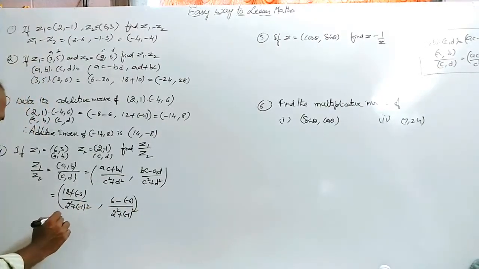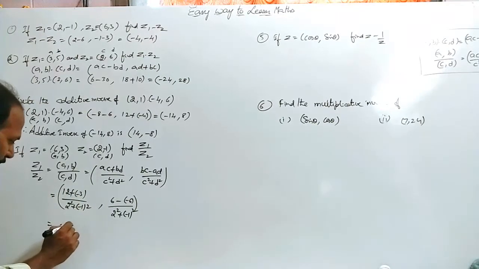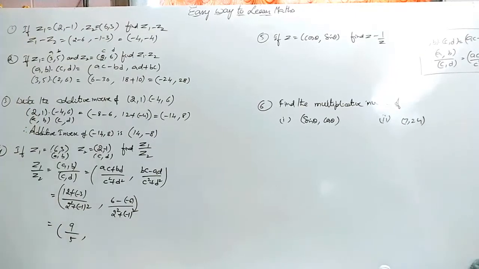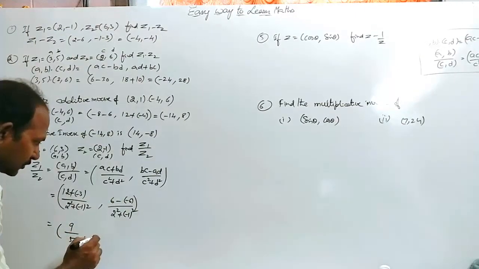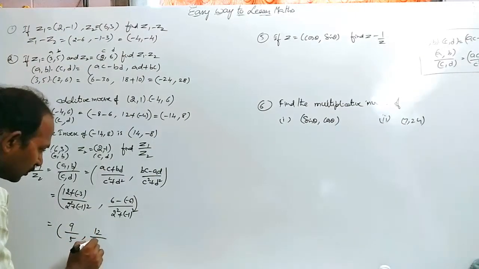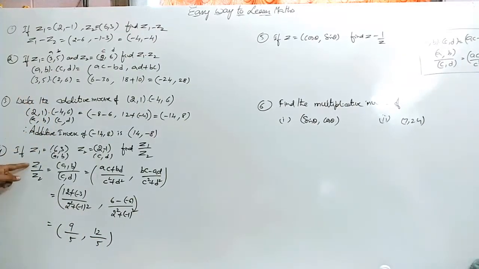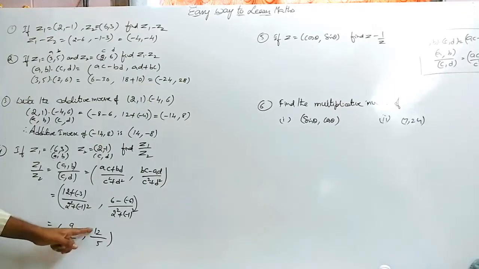Now let us simplify. Therefore 12 - 3 = 9 by 4 + 1 = 5, and 6 + 6 = 12 by 4 + 1 = 5. Therefore the division of Z1 by Z2 is (9/5, 12/5).